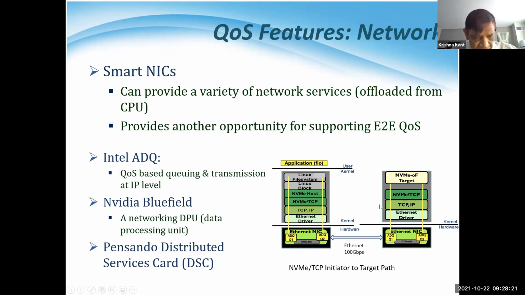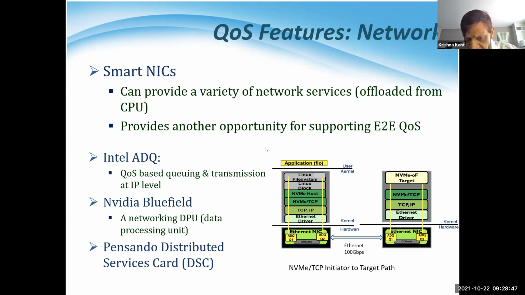Okay, now coming to the network. I will talk about some of the QoS features that we need to implement using standard networking technology. But in addition, there has been a lot of work on so-called smart NICs.